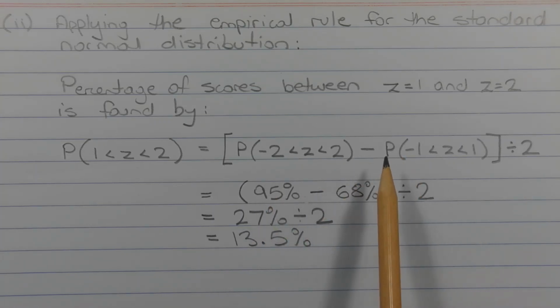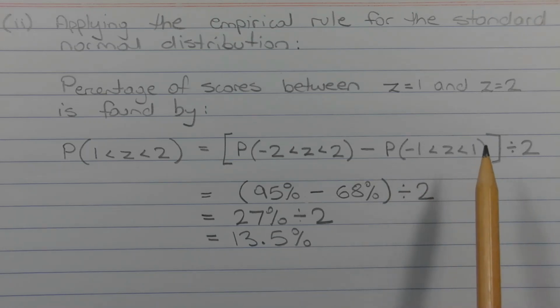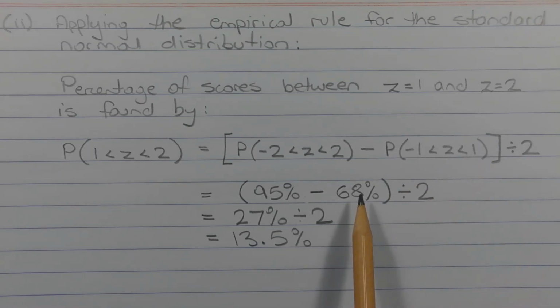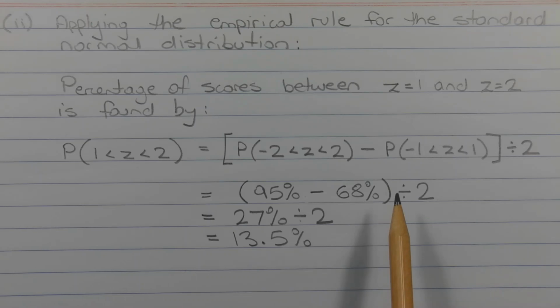The percentage of scores from a z-score of -1 to +1 is 68%. Putting that in brackets and then dividing that by 2, we get 27% divided by 2, which equals 13.5%. So the percentage of data that lies in the shaded region, according to the empirical rule, is roughly 13.5%.